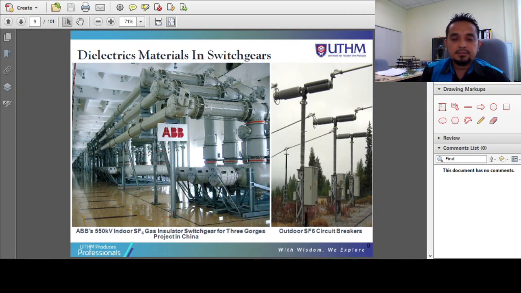And this is dielectric material in the switchgear. In switchgear, we use the SF6 gas insulated switchgear. As you can see here, the pipe here is filled with the SF6 gas, and this is also the outdoor SF6 circuit breaker.